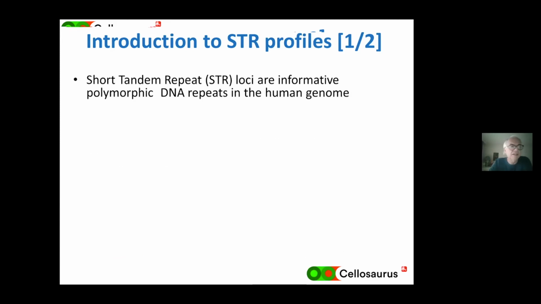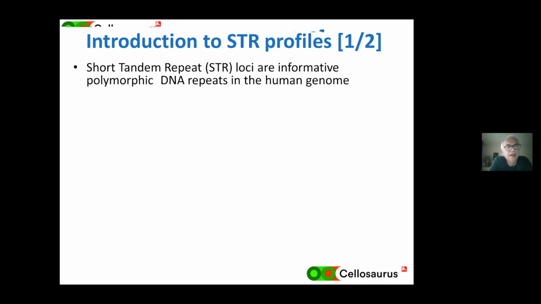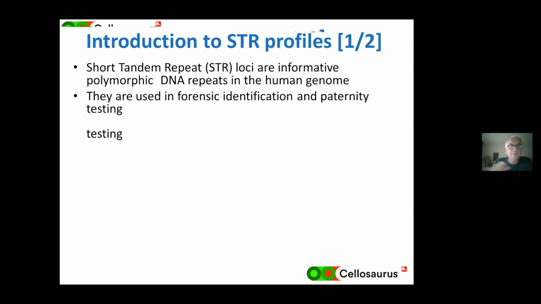Now, that leads me to the STR profile. So what are those? Those are short tandem repeats which exist in the human genome. As you will see, they exist also in other species, but they were first well-defined inside the human genome. And because they're polymorphic, they're quite short repeats and quite polymorphic, they're used in forensic identification or for paternity testing.